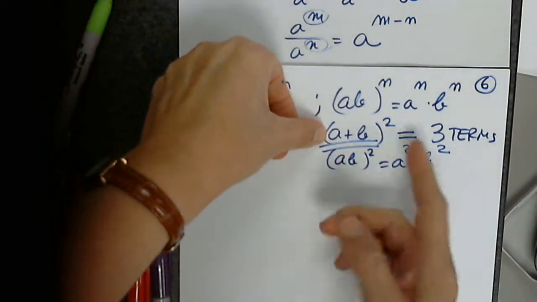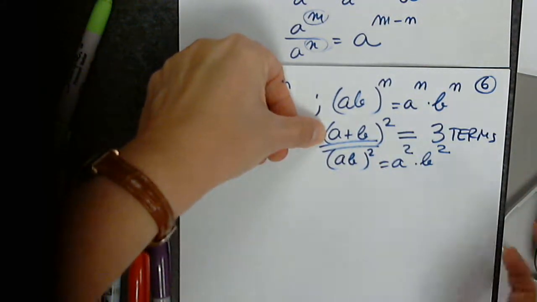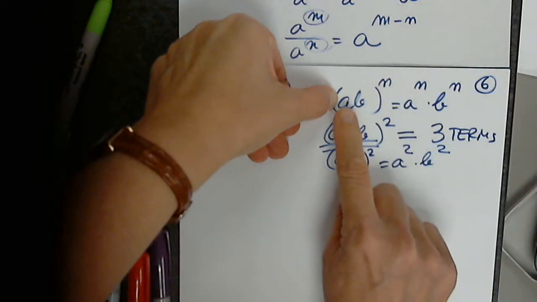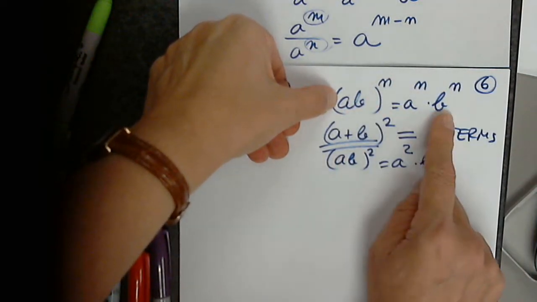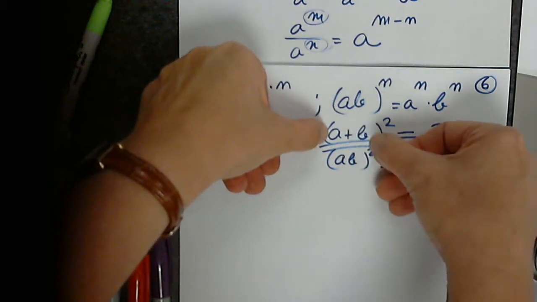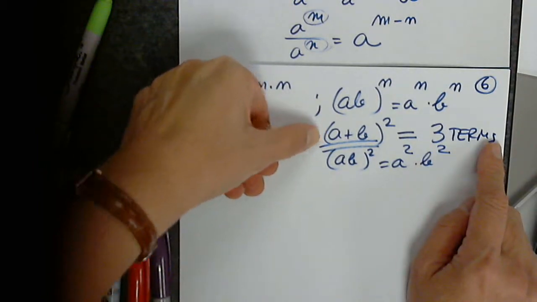And they say, oh, this is a squared plus b squared. It's not. So one term, a product raised to the nth power, each factor has to be raised to that power, like this. Here, this is a sum of two terms, or a difference of two terms. That gives us 3 different terms that we know. Okay.